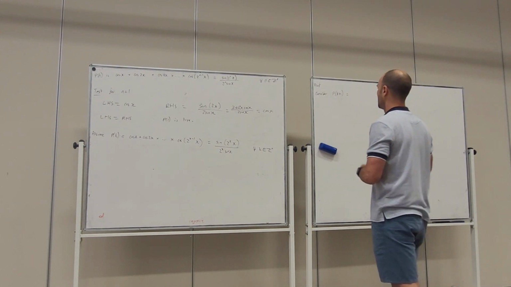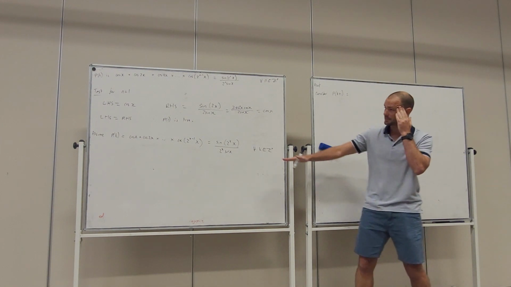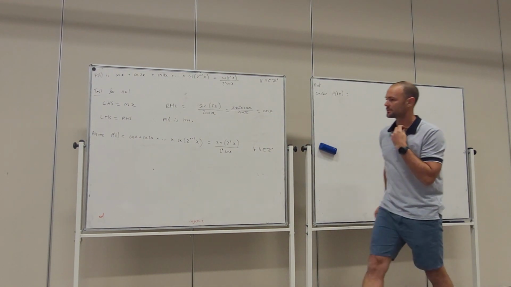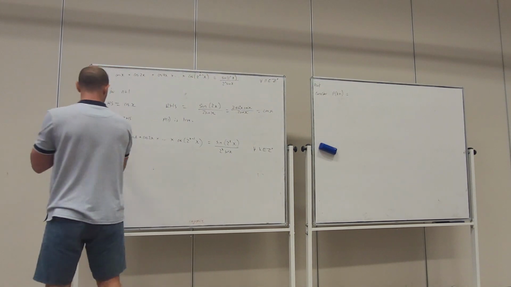Consider P of k. All right, so I think we're all pretty happy with the assumption step. We're all pretty happy with the test. So let's move on to the proof for this one then.